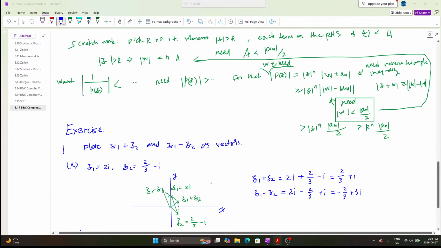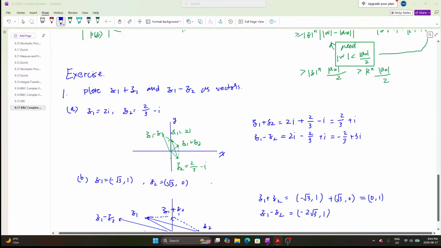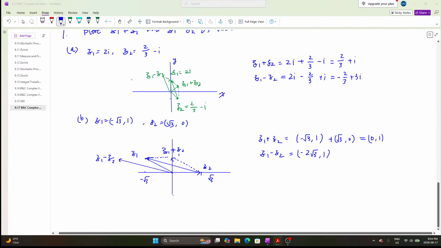Okay, and now, just to warm up, let's do some exercises. So this is the exercise for sections 4 and 5. Section 4 is the vectorial representation of complex numbers, and section 5 is about the triangle inequality.